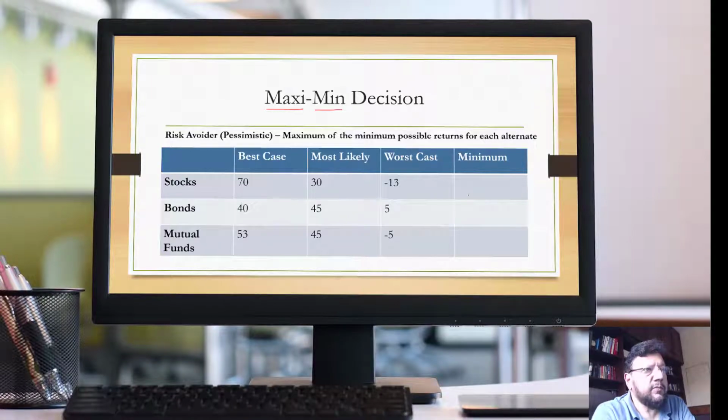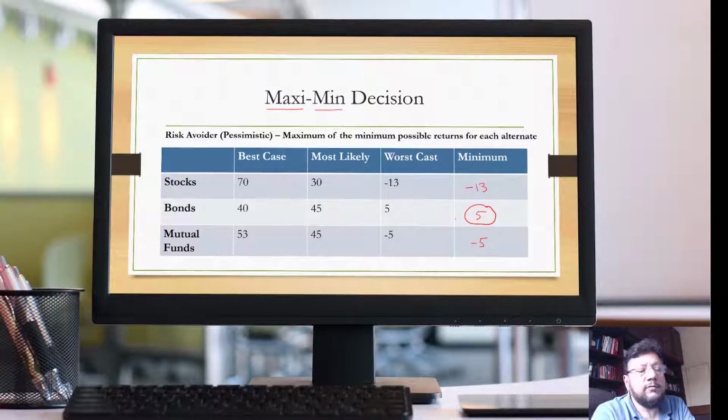For stocks, the minimum possible return is 13. For bonds, it's 5. And for mutual funds, it's -5. So you pick the maximum of this, that would be 5.